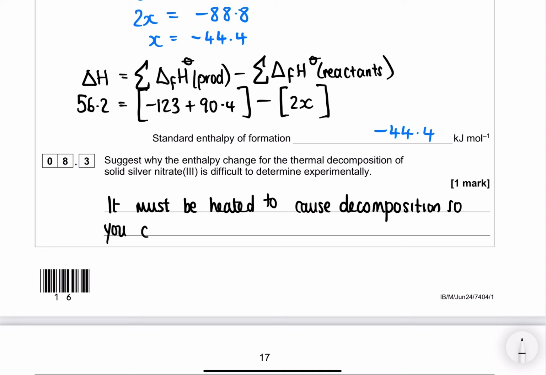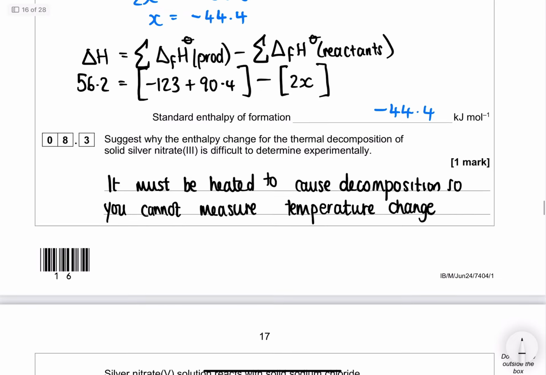So how are you going to measure the temperature change? Remember, to do Q equals mc delta T, you need to be able to measure the temperature change. If you're heating it with a Bunsen burner, how do you know how much the chemicals are changing temperature? Because you'll be measuring the temperature of the Bunsen burner.